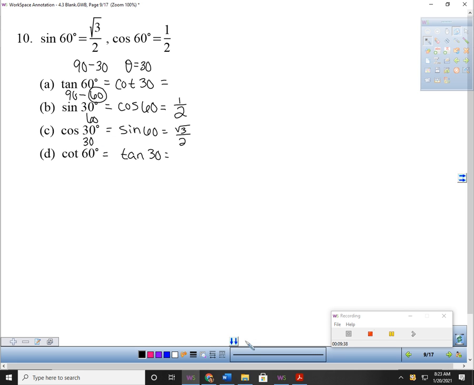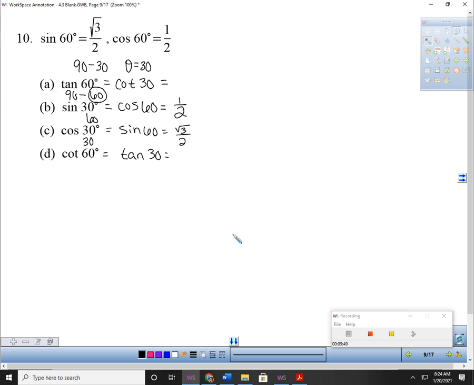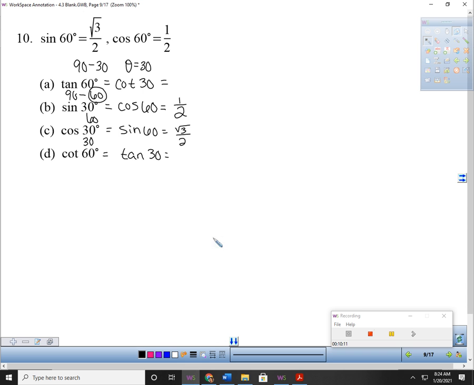Cosine of 30, again, it would have been easier for me to go to 30, look at the x value, right? So if I want to find tangent of 60, I can go to 60, and I know that I have to take the y value and divide that by the x value, correct? So square root of 3 over 2 divided by 1/2, which is just going to be square root of 3.